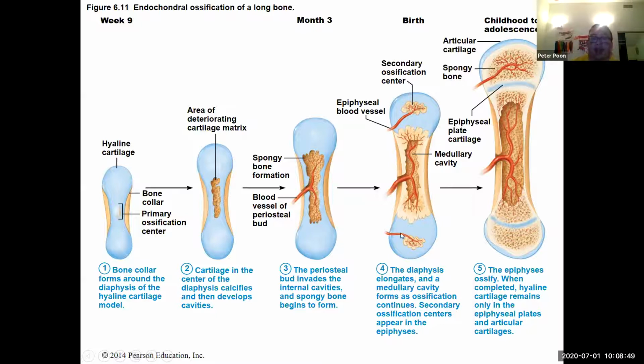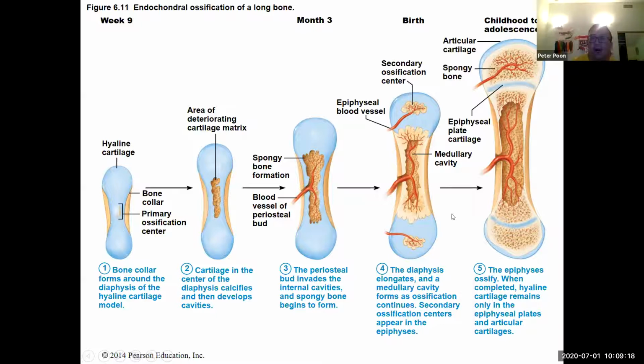This is right before you're born, and through childhood, all the way to adolescence. This is what your bone looks like. You have a little piece of articular cartilage here that will form the joint. This curved surface will interact with the bone up top, and this one with the bone down here.